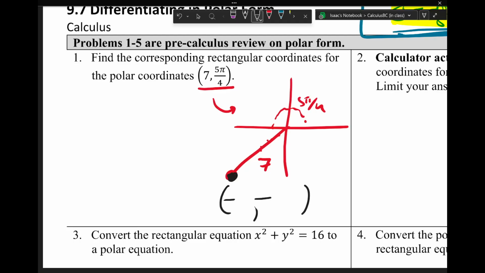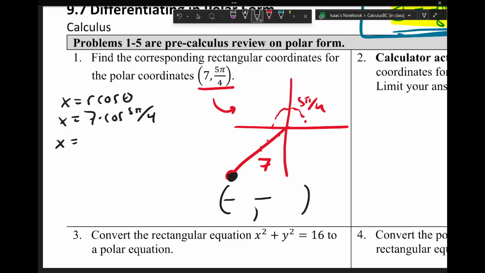Well, how am I supposed to be able to figure out what x is? Good, so you have to remember that x is always r cosine theta. Plug in r, plug in cosine theta. Got to use unit circle here.